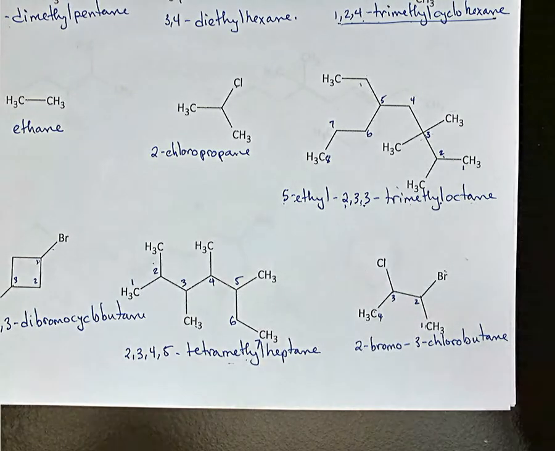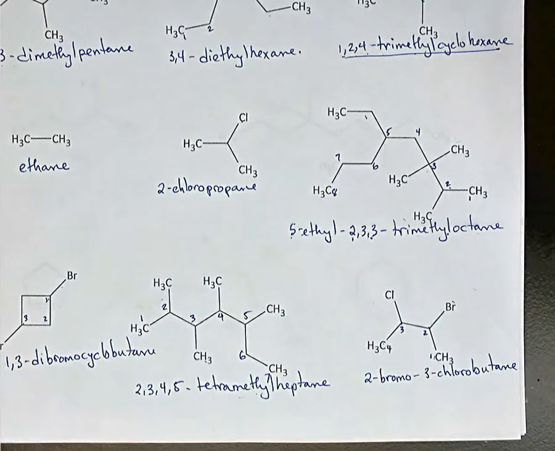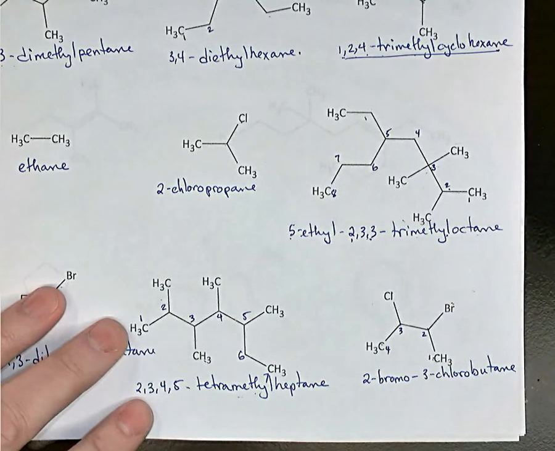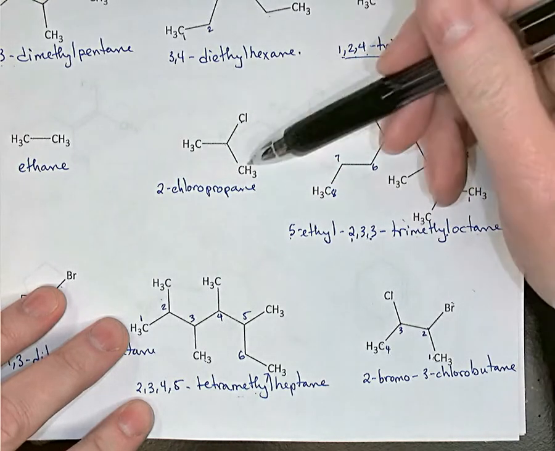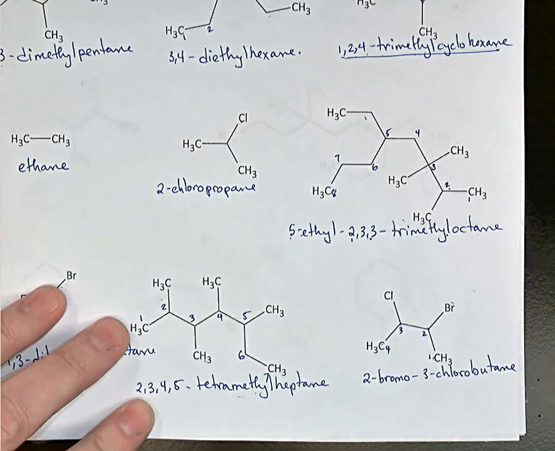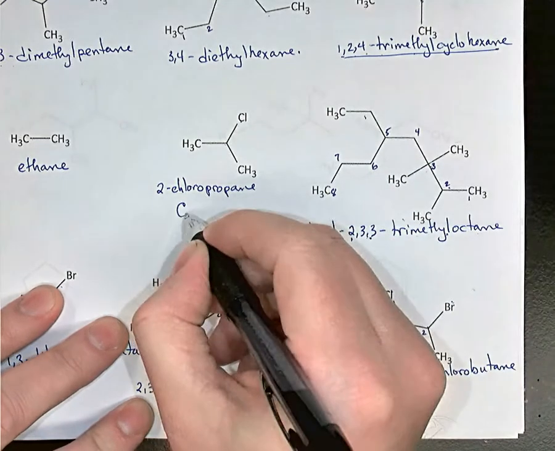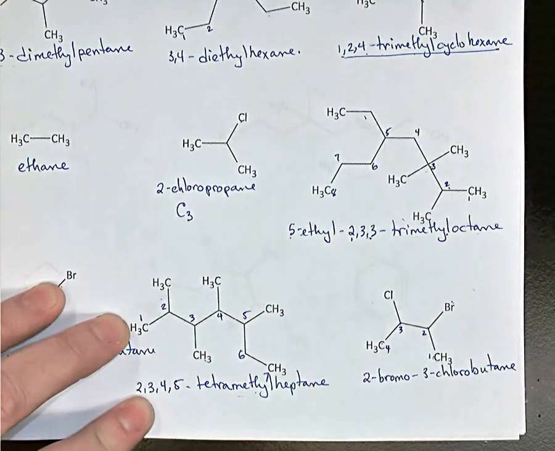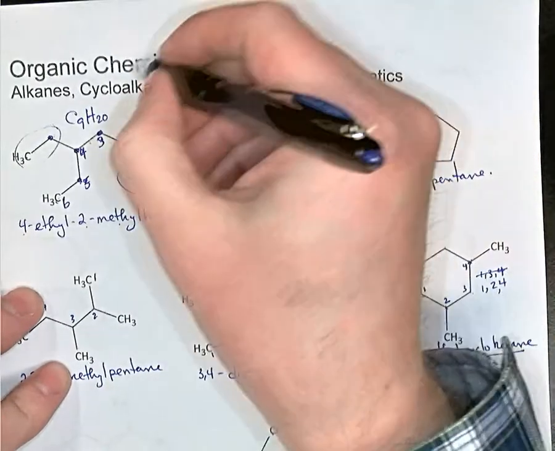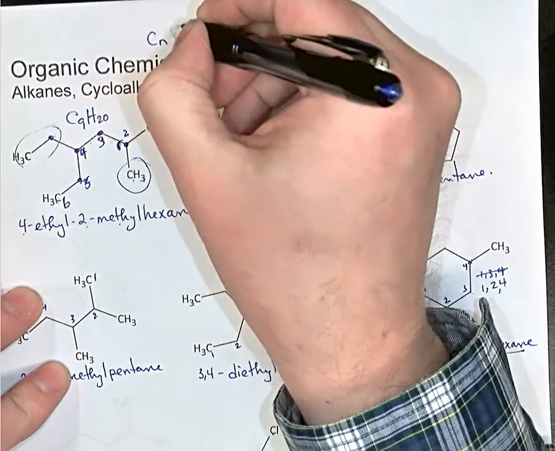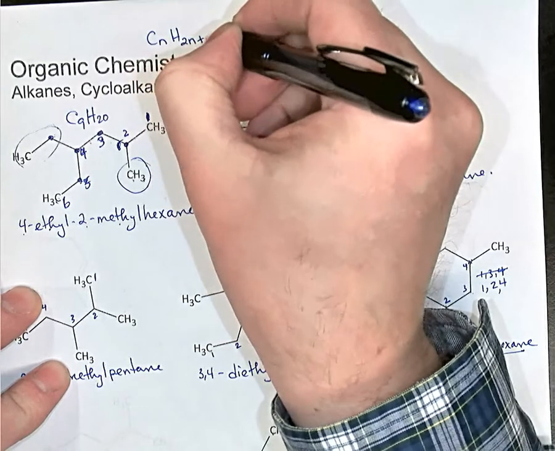Alright, now, before we switch over to the alkenes, can you give some of the molecular formulas of these compounds? So, for example, this guy here, 2-chloropropane, it's got 1, 2, 3 carbon atoms. So we'll say C3. It's an alkane. So again, the general formula of an alkane was CnH2n+2.